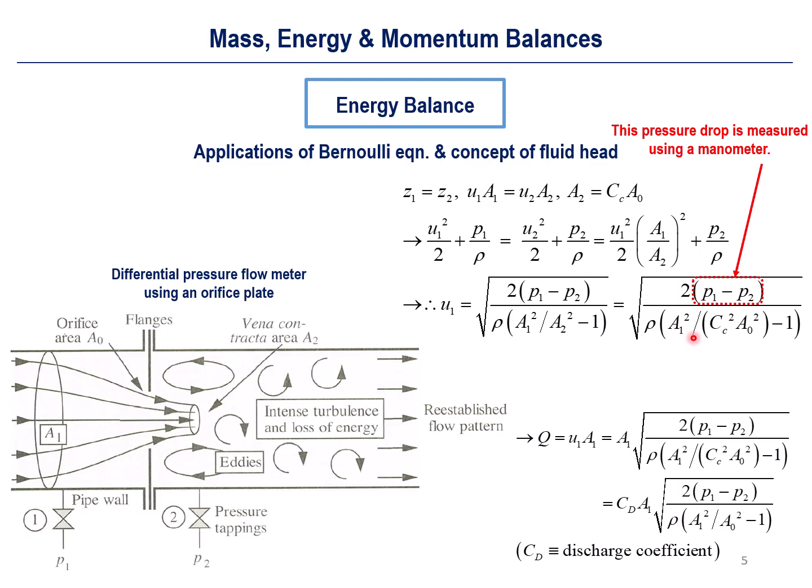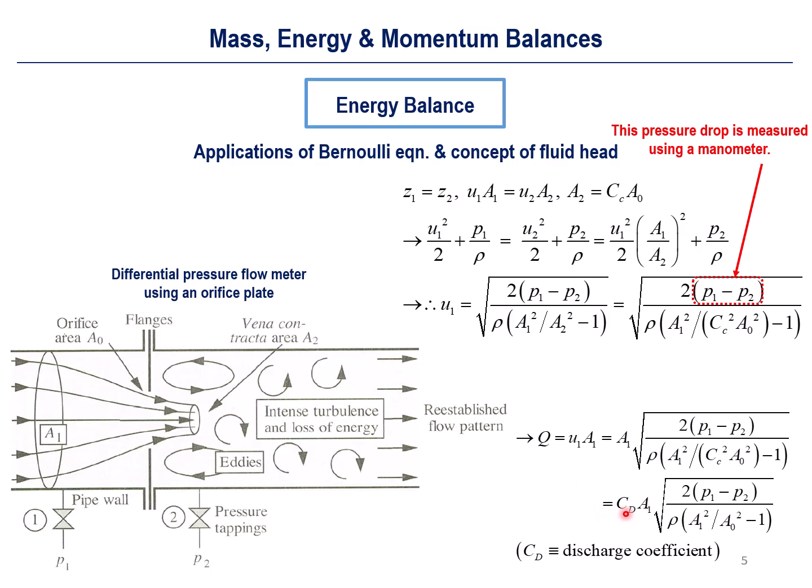So we have derived this U1 as a function of pressure drop and this contraction geometry. Now let me write again the flow rate by multiplying this U1 by the cross-sectional area A1. So instead of U1, we put this information here, and actually there are some more practical considerations such as the discharge coefficient. The discharge coefficient is about the friction right after this plunging hole here.